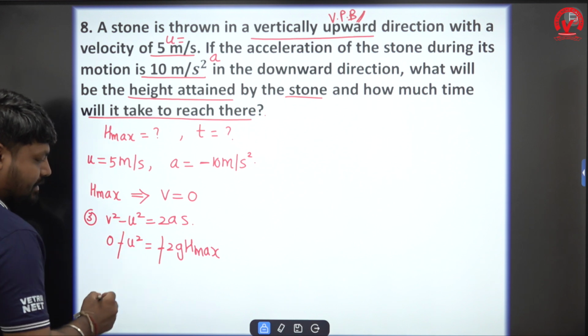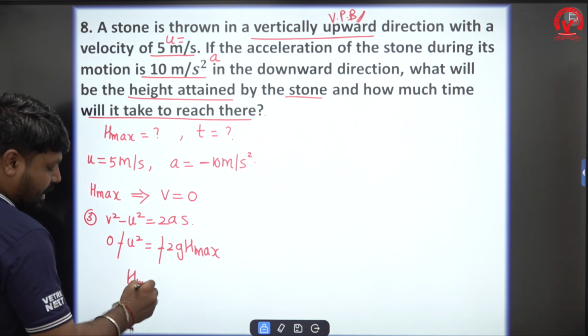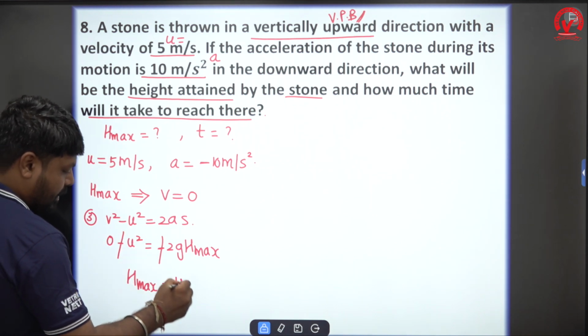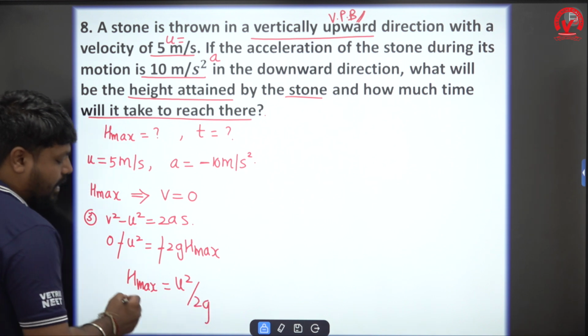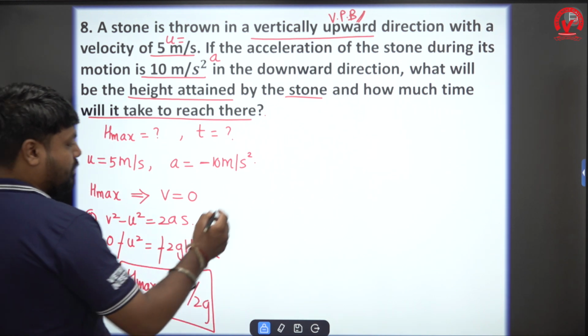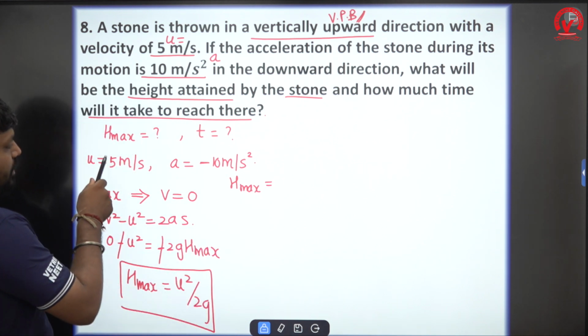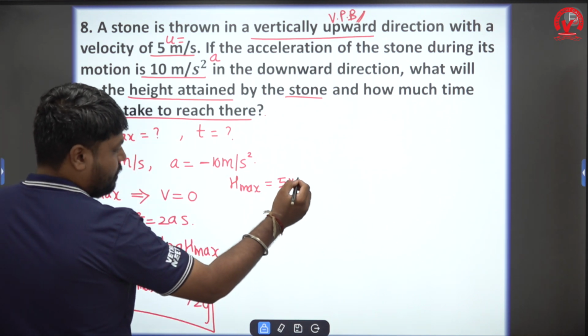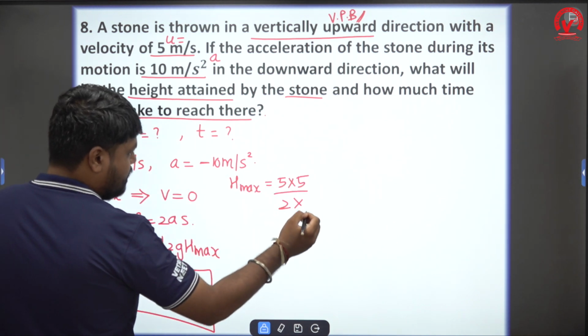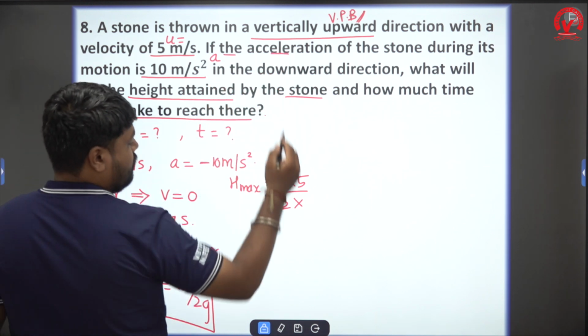The minus signs cancel. We have to find Hmax only, right? The maximum height. So Hmax is equal to u square by 2g. What is u? u is 5. So 5 into 5 divided by 2 into g, which is 10.